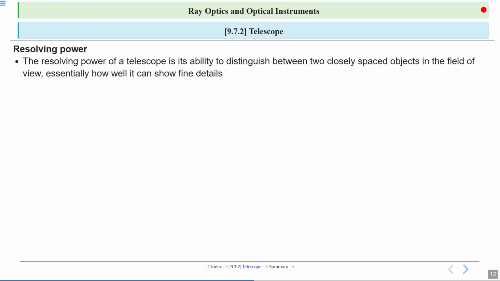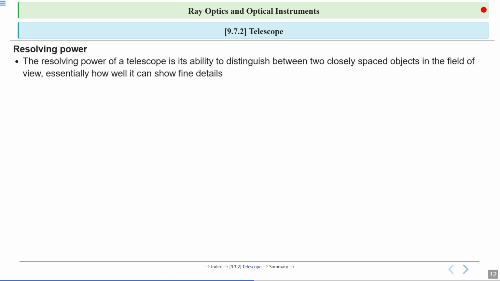Let's delve into what resolving power means. It's the telescope's ability to differentiate between two closely spaced objects in its field of view. This is essential for astronomers who need to see fine details in celestial bodies. Think of it as the telescope's sharpness in viewing the distant stars. Okay, so how much fine detail can a telescope show?